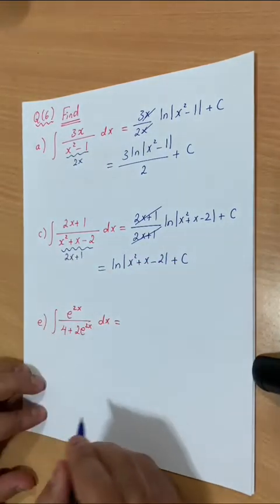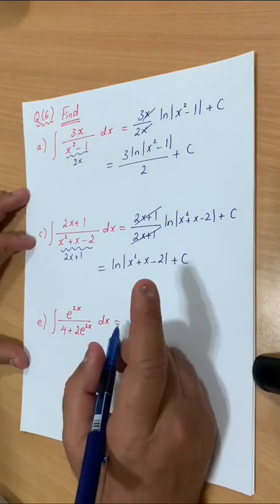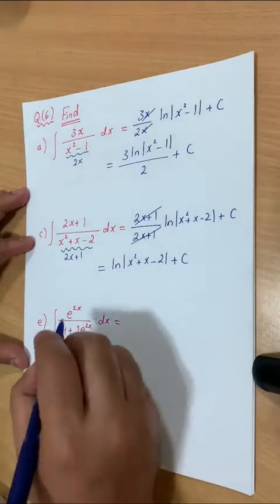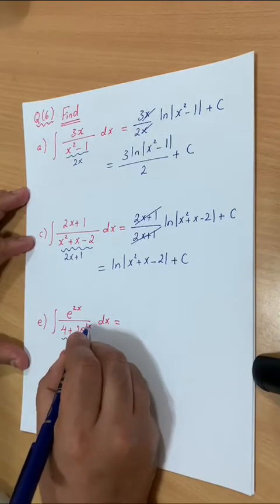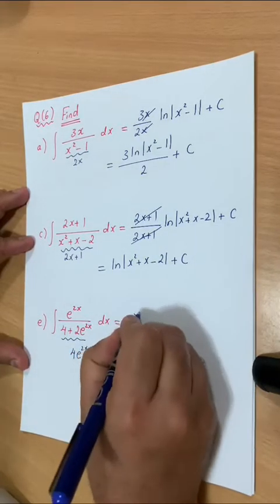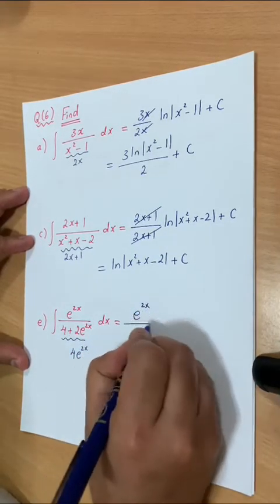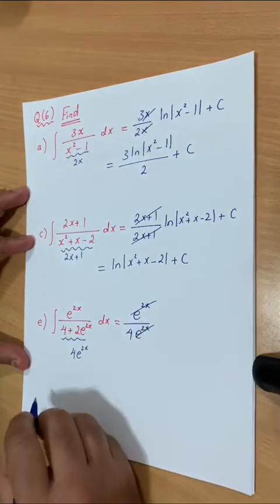Same thing with the e. Just move the e in the numerator. No, you couldn't do that here because it has power of 1. So derivative of the denominator, derivative of the power is 2. 2 times 2 is 4 e power of 2x. So e power of 2x divided by 4 e power of 2x, e will cancel e.